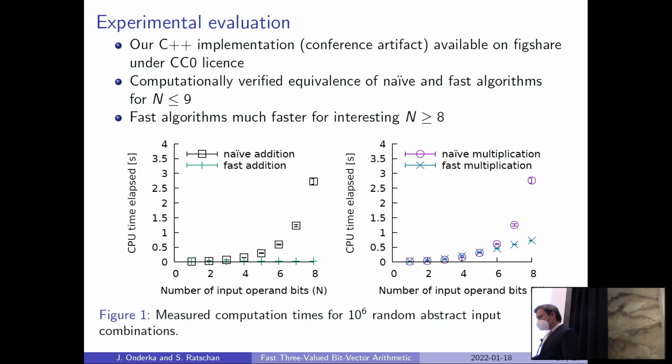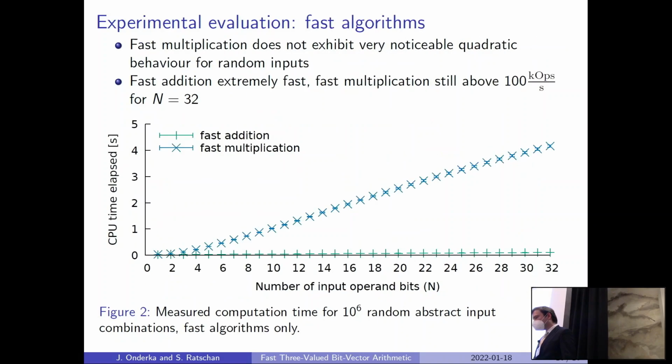So if we look at the fast algorithms instead, we can see that fast addition is extremely fast. And fast multiplication gets faster than the naive one at about 6 operand bits. At 8 input operand bits, it's already much faster. Now, if we just look at the fast algorithms with more input operand bits, and this is all for random input combinations, we can see that for random inputs, fast multiplication doesn't exhibit very noticeable quadratic behavior.